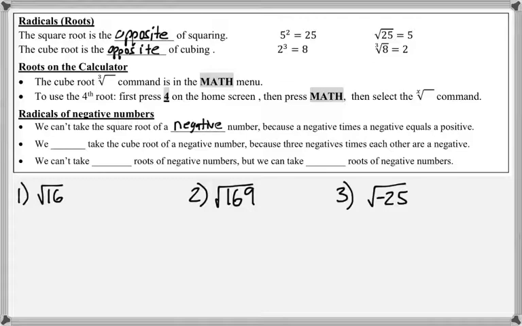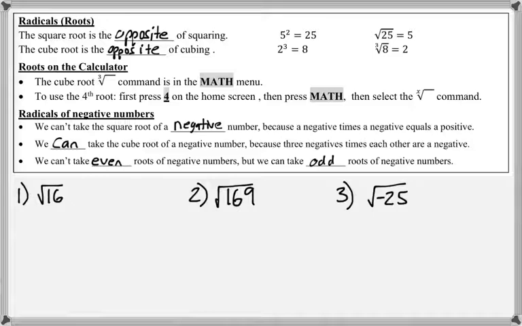So we can't take the square root of a negative number. We can, however, take the cube root of a negative number, because 3 negatives times each other is equal to a negative. So we can't take even roots of negative numbers, but we can take odd roots of negative numbers.